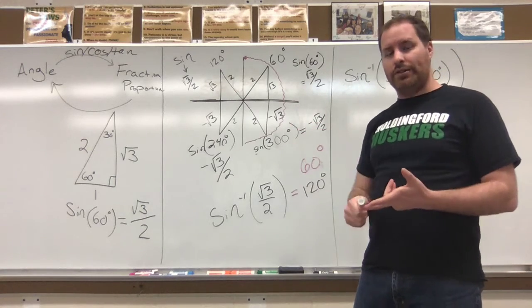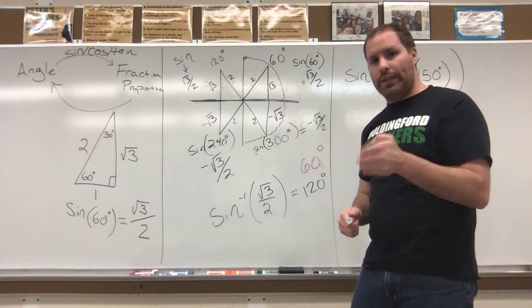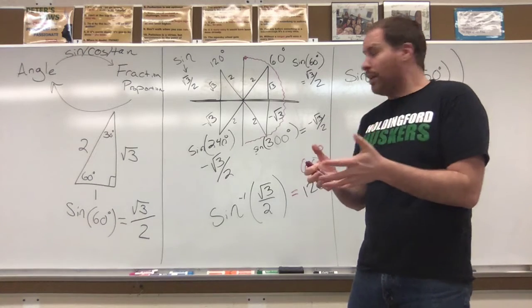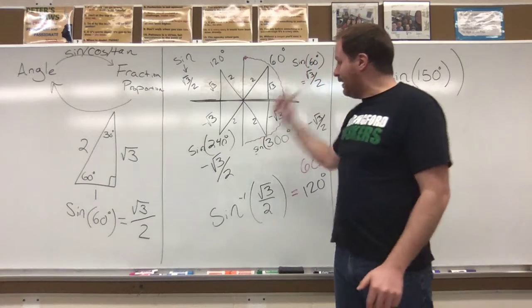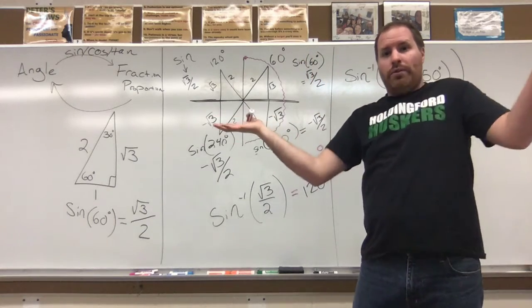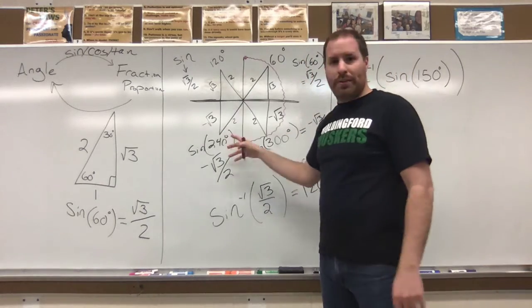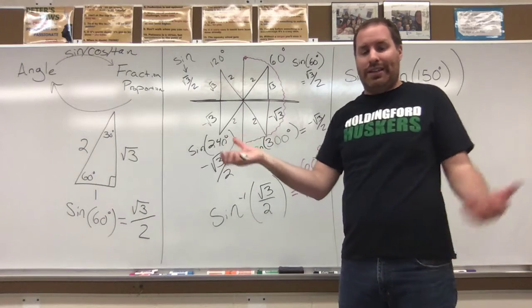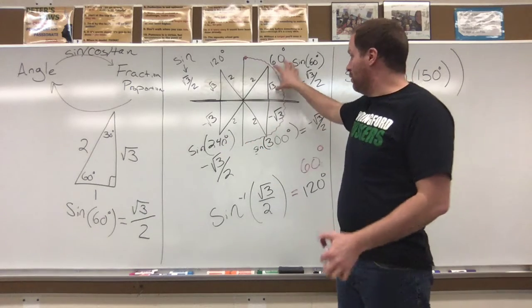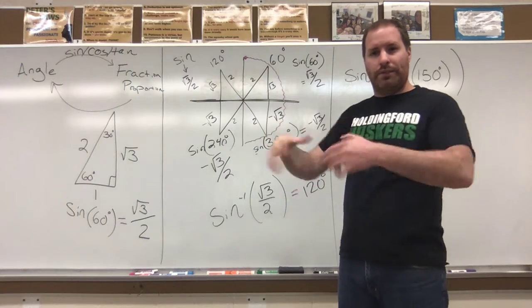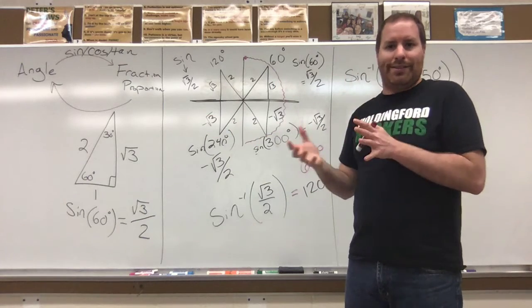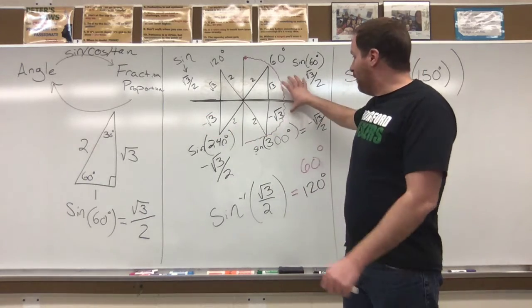Sine inverse and tangent inverse can only give you answers, if you're using your calculator, between 90 and negative 90. That's it. No other possibilities because of those repeated things. So your calculator has to pick, and the choice has been chosen to be here. There's some stuff we went over in class about keeping things as functions, but that's the main idea.